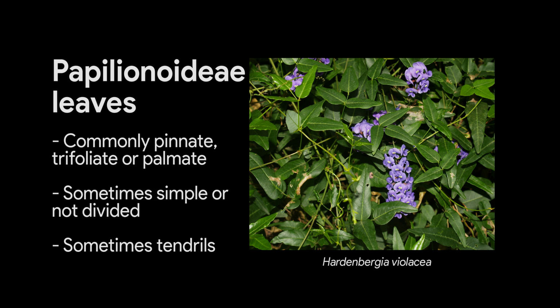Sometimes the leaves are palmate, and sometimes they're simple and undivided. Some species, peas for instance, have tendrils, which are wiry appendages that coil and grip onto things to help the plant climb.